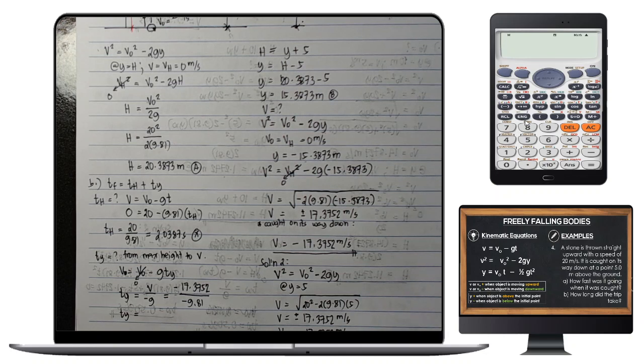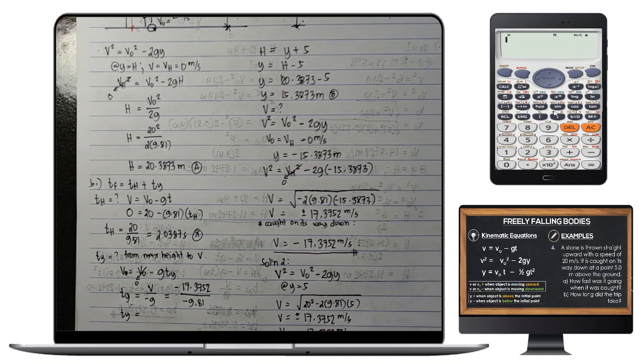hindi ata ito naka-store. Tingnan natin sa B. Wala siya. Wala. So, hindi naka-store pa yung velocity. So, i-recompute natin.